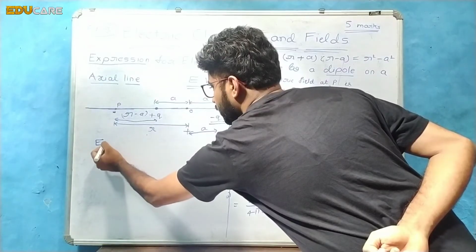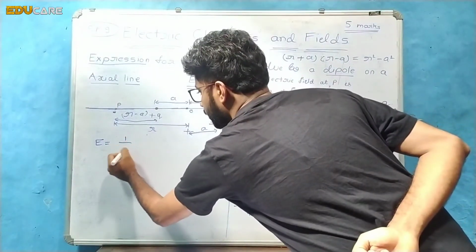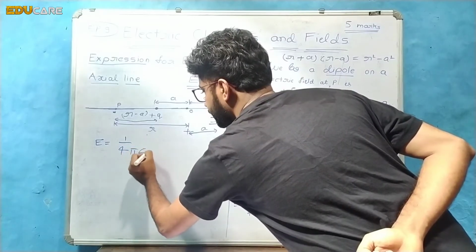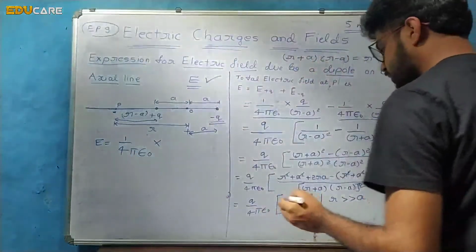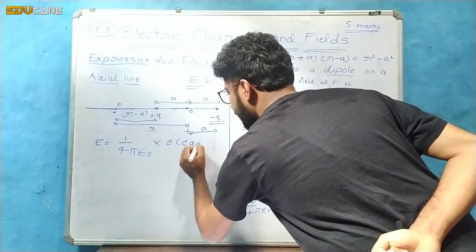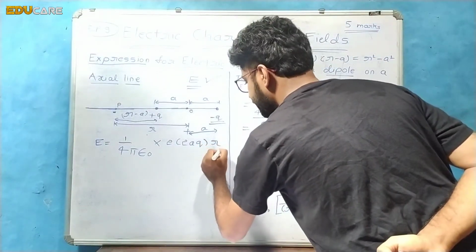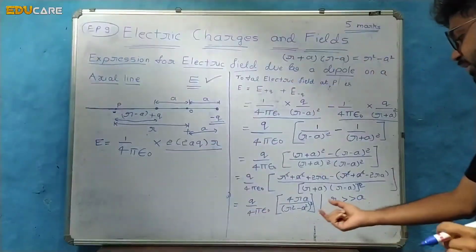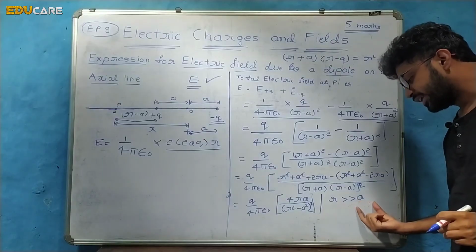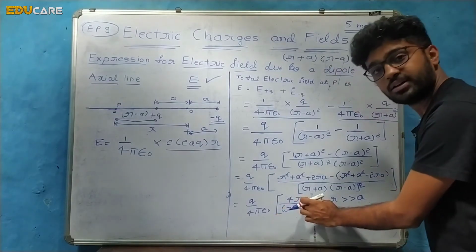E is equal to 1 upon 4 pi epsilon naught into 2 into 2AQ into R divided by, what did he say here, R is much greater than A, so we can ignore the value of A. Then what happens, R square the square.